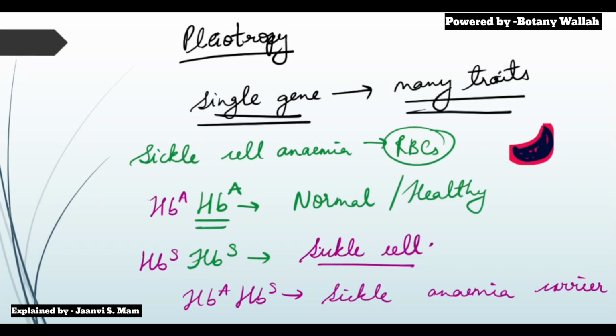Okay, and this is the cross which we have to do. Suppose there are 2 organisms, one female and male, they are mating and they have the heterozygous condition, means they are sickle cell anemia carriers. For this, let us make a cross.